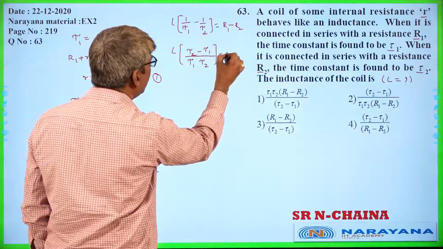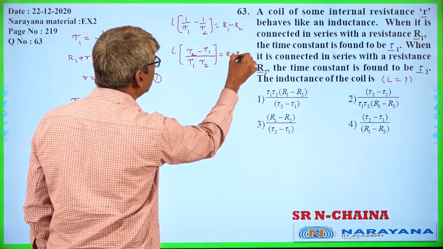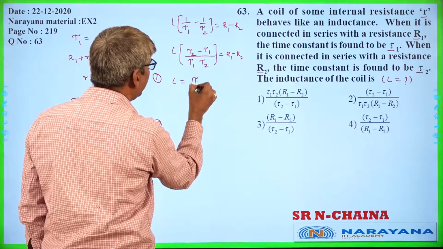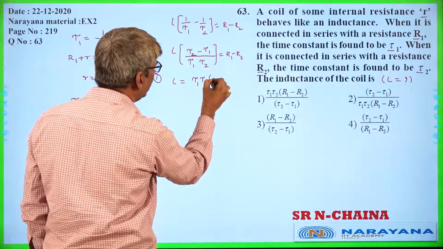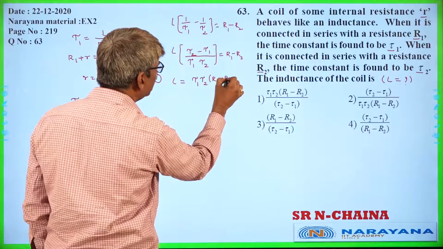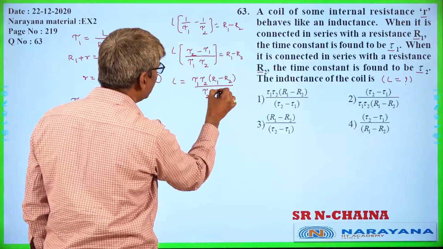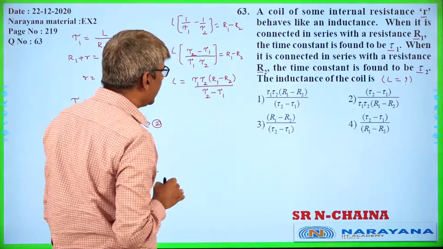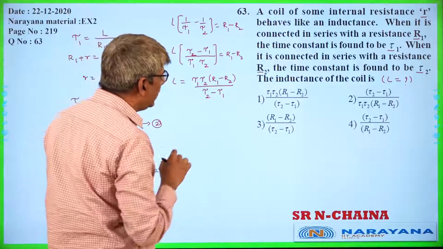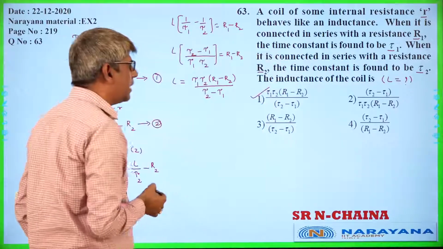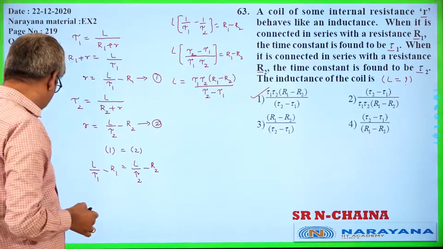This is equal to R1 minus R2. So L is equal to tau 1 tau 2 into R1 minus R2 divided by tau 2 minus tau 1. The correct option is tau 1 tau 2 into R1 minus R2 over tau 2 minus tau 1, and the first option itself is the correct answer. Okay. Next problem.